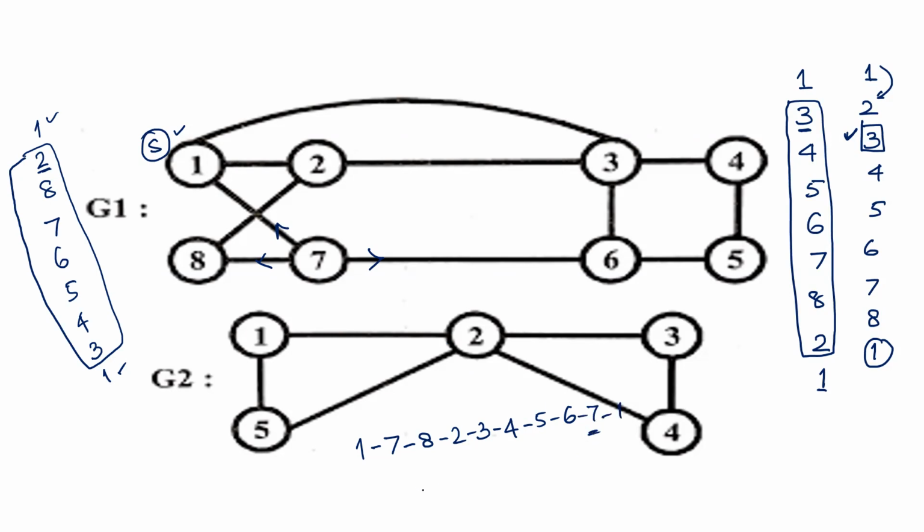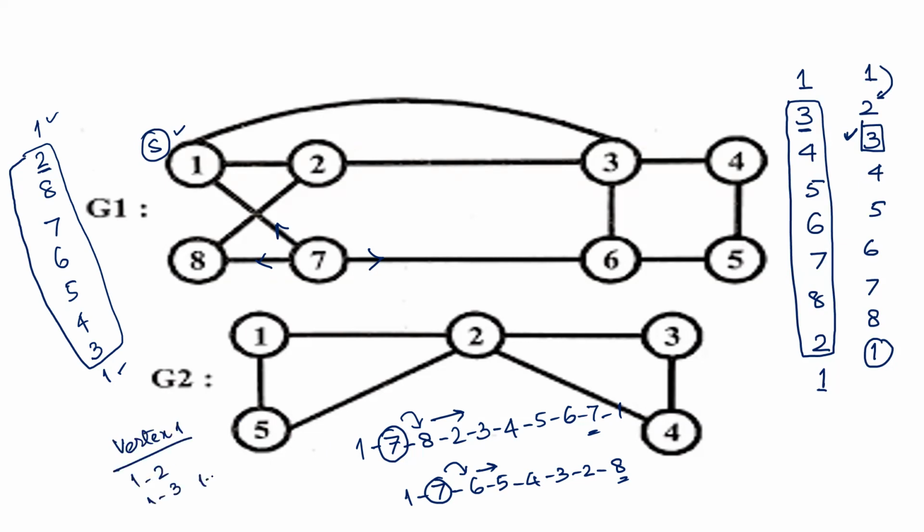That is not allowed. So again 1, 7, and after that go to 6, 5, 4, 3, 2, 8, and stuck. So this is an indicator that when we have tried both the options from 7 and continued further, the cycle is not seen. This means that there are only 2 cycles from vertex 1, although there are 3 connections from vertex 1.